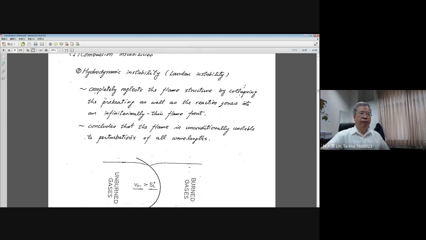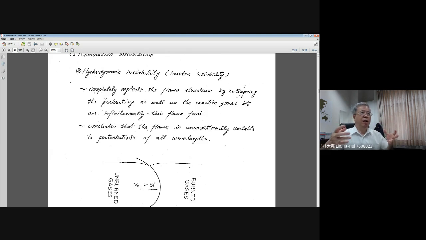But in fact, many kinds of premixed flames stabilize in a given system, and they can experience different kinds of perturbation, but the flames still can sit very nicely, and they can return or retain their original flame positions.